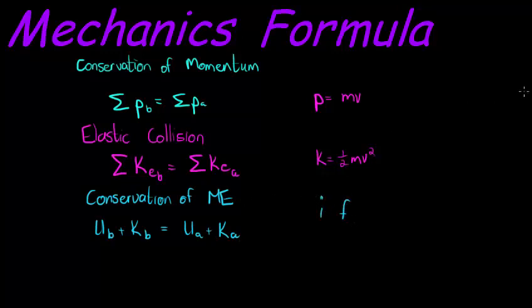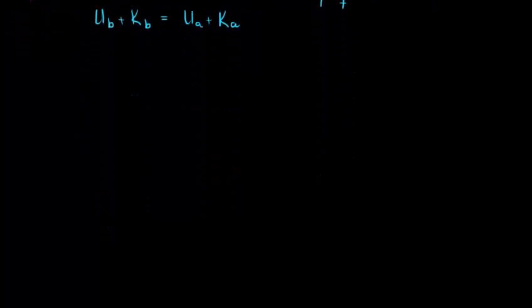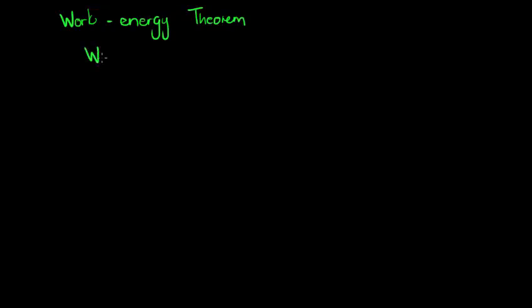The formula that I want to show you, however, comes from the work energy theorem. The work energy theorem tells us that the net work done is equal to the change in kinetic energy.